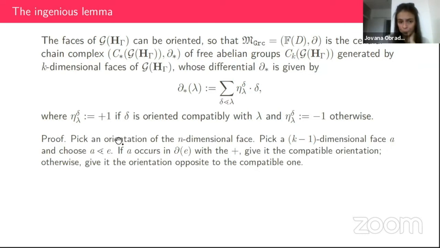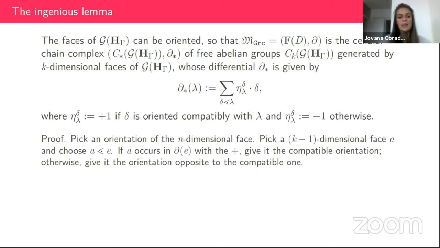Well, we pick a face E that covers A, and we look at what happens in the differential of E precisely here in the combinatorial description of our minimal model. Of course, we can do that because this is the realization of the polytopes that appear here. So if A occurs in the derivative of E with the plus sign, we give it the orientation compatible with the orientation of E. Otherwise, we give it the opposite orientation.